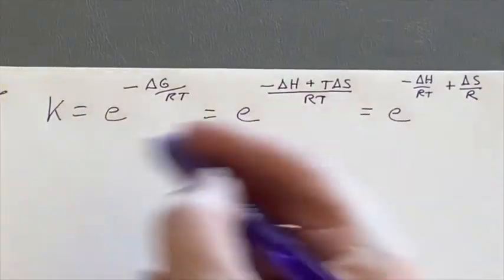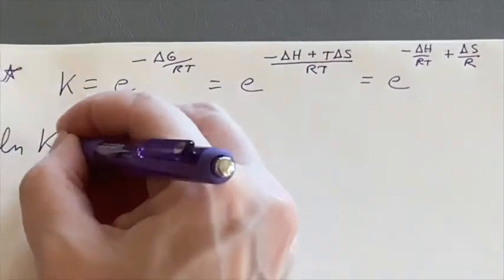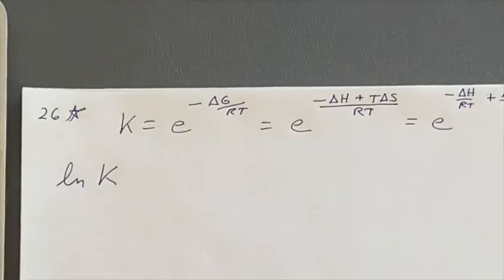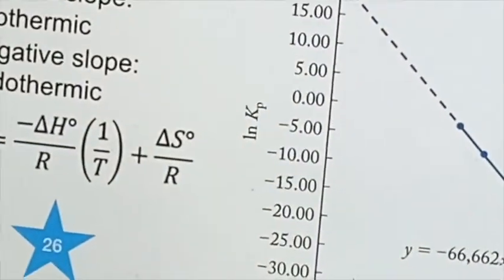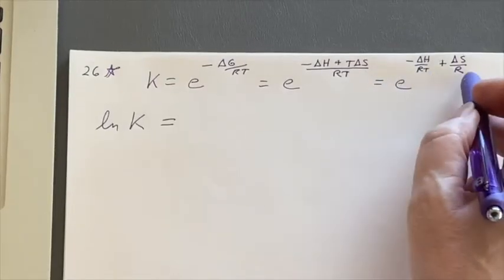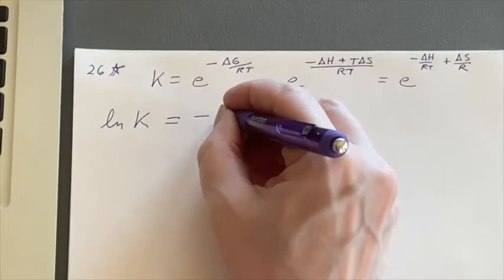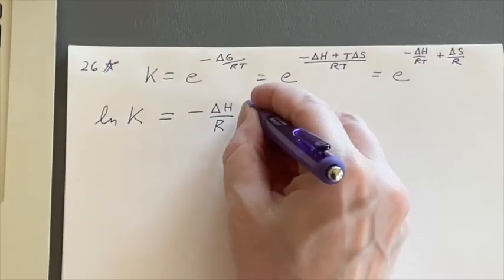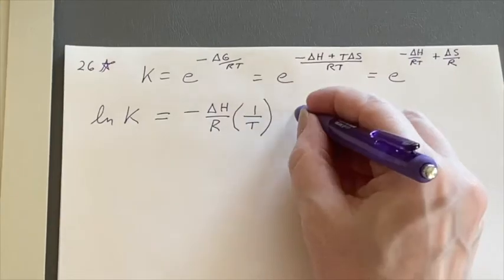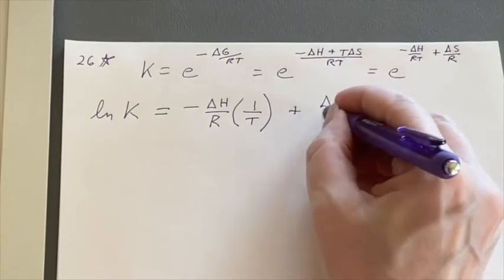If I take the logarithm of both sides, I have the natural log of K. Ooh, natural log of K, that's what I decided I was going to use for y, right? Equals, if I'm taking the natural log of this, I'm just going to take the exponent. So that's going to be minus delta H over R times 1 over T, and then also plus delta S over R.